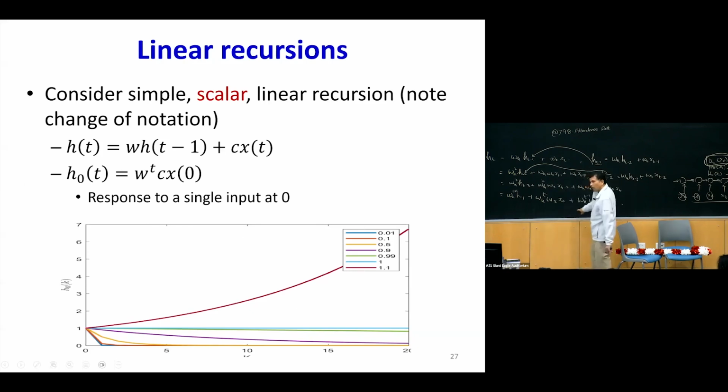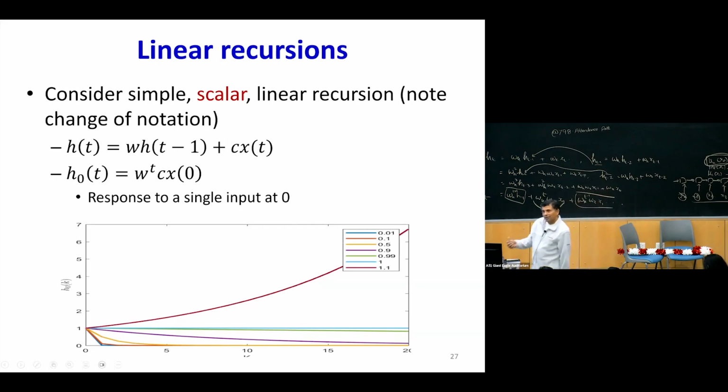If all of the rest of the inputs were 0, then all of these are 0. If I assume the initial h minus 1 is 0, then this is 0. And so all you get is ht equals this one term, correct?